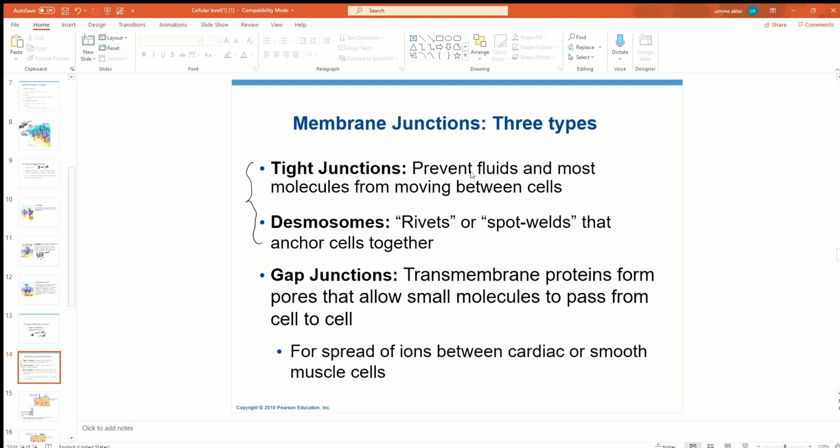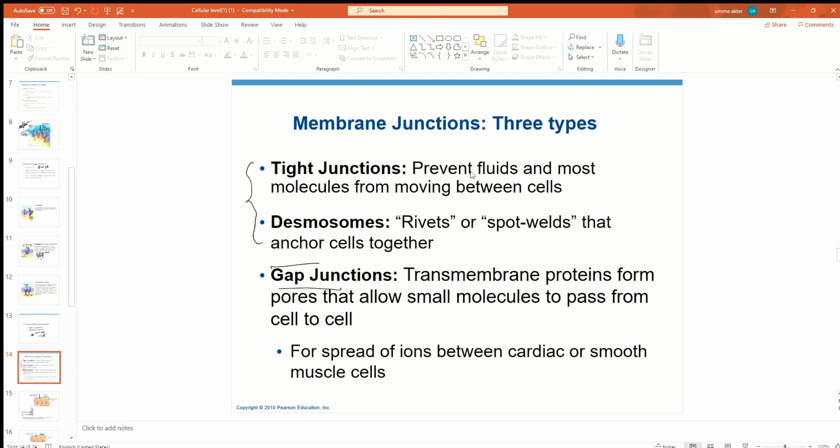For example, when muscle contraction occurs, the cells must work together at the same time. Also when the heart contracts, the heart muscle fibers or cells all should stay attached to each other strongly. Makes sense?